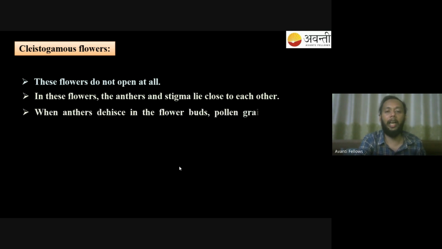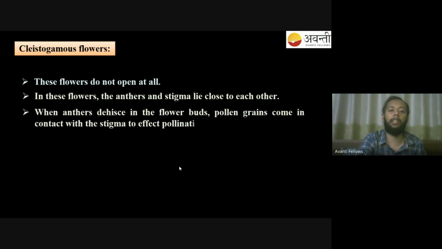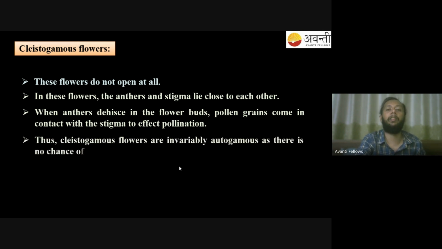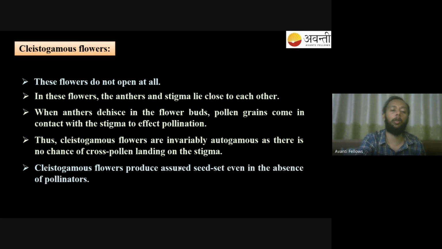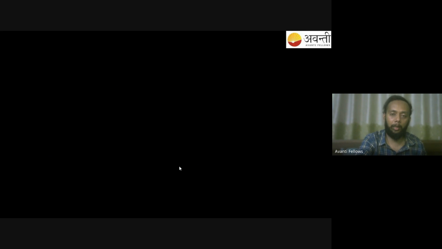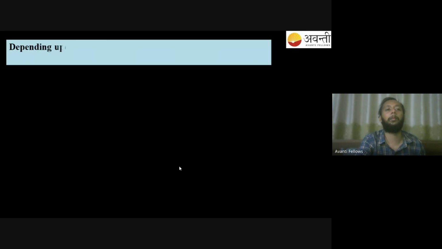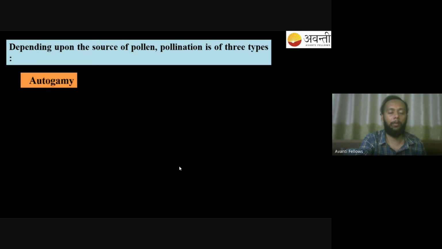When anther dehisces in the flower bud, the pollen will come in contact with the stigma to effect the pollination. Thus, cleistogamous flowers are invariably autogamous as there is no chance of cross pollen landing on the stigma, right? कोई chance नहीं होता. Cleistogamous flowers assure seed set even in the absence of pollinator. Pollinator नहीं भी तभी seed set formation आपको यहाँ पे 100% हो जाएगा, right? So that is something you have to remember.